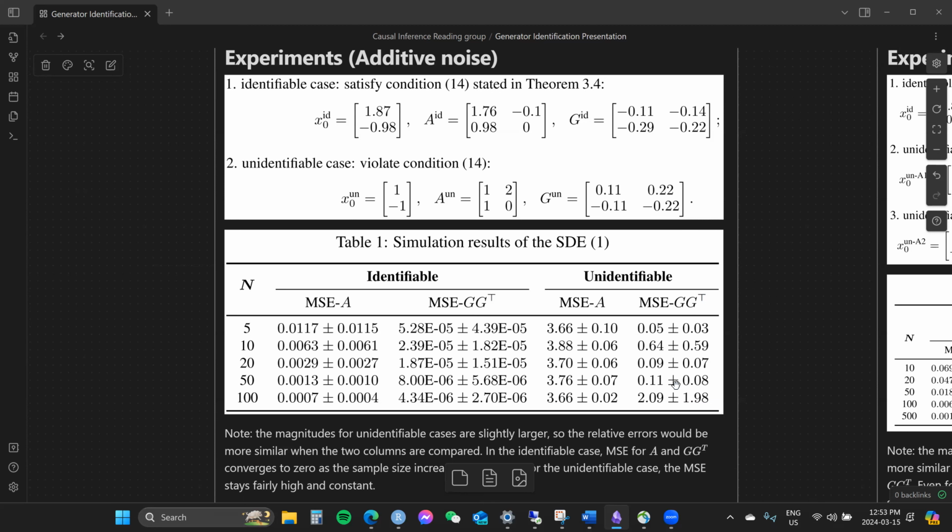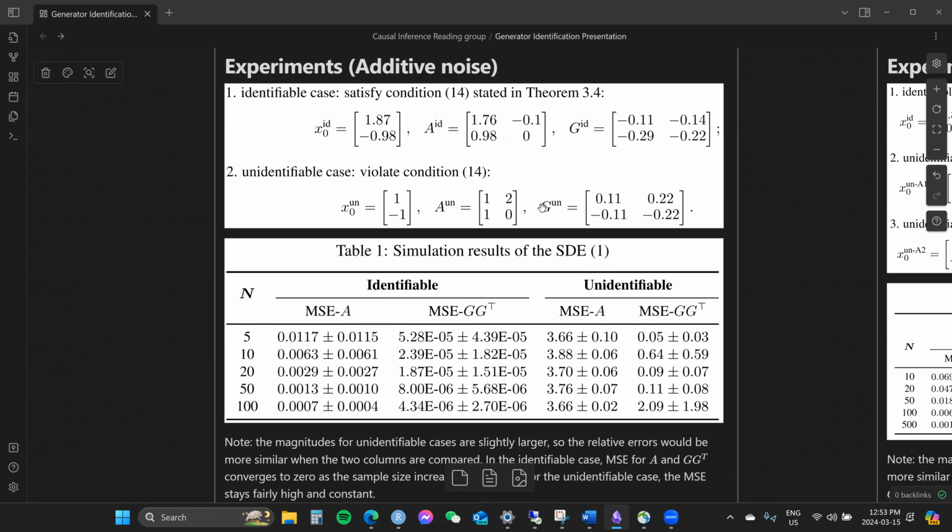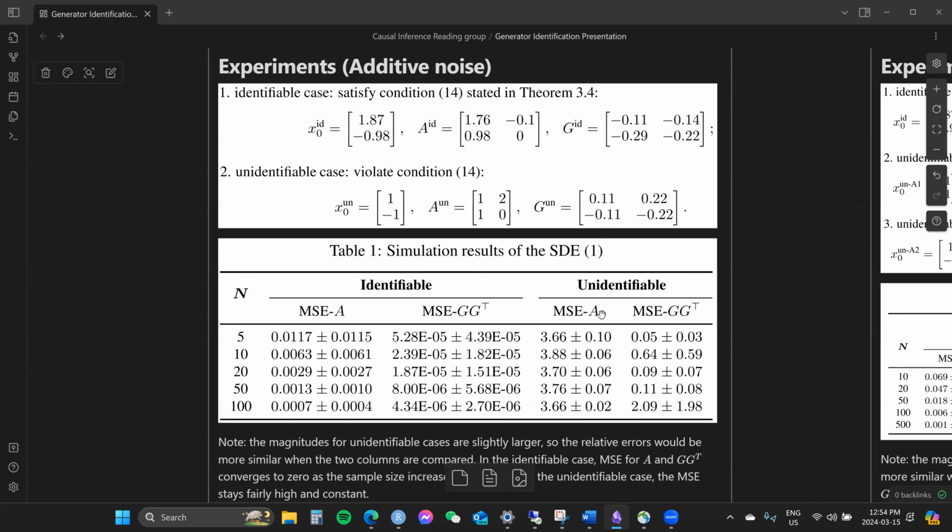So what makes it violate the assumption? This G matrix doesn't have full rank, I guess. I don't think they explain explicitly why it violates it, but they're just developing some example which violates their condition in equation 14.